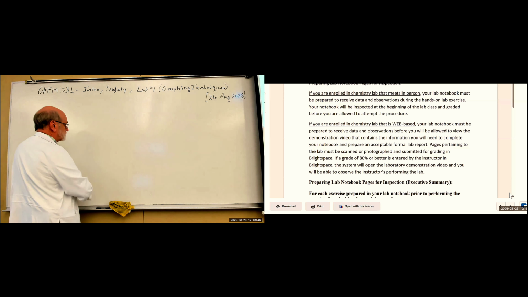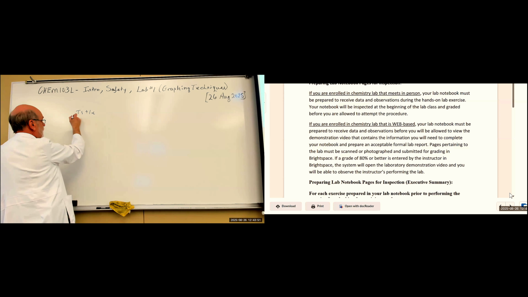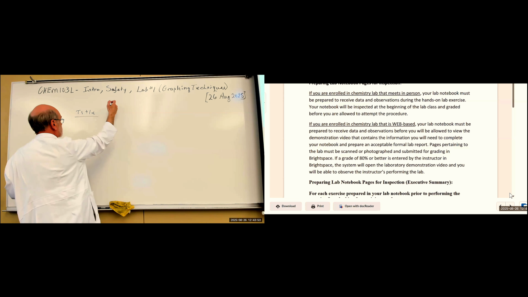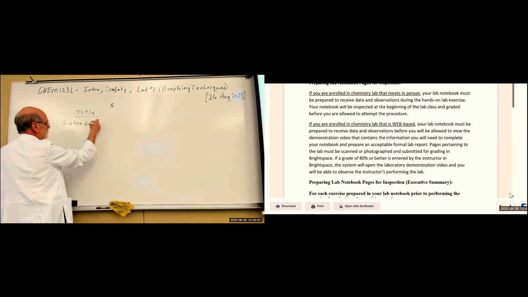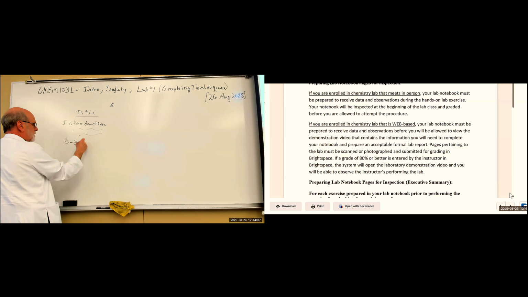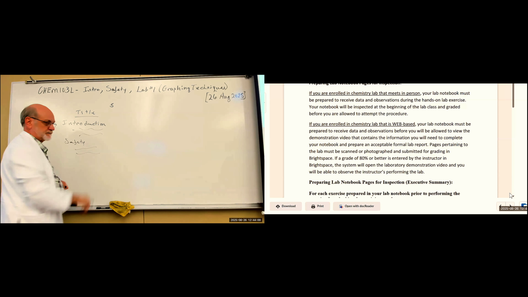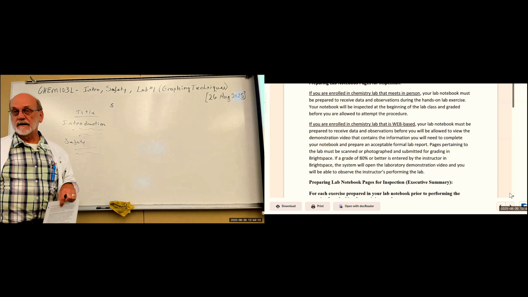You'd have the title on that page, say it's on page 5. And then you would have introduction, and you'd have stuff here. And then you have safety and safety concerns. Try to organize it so you can find it later, right?